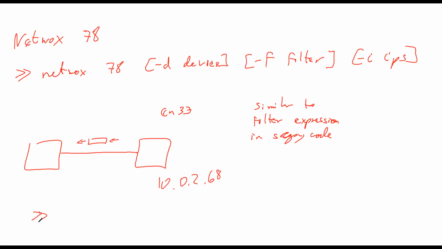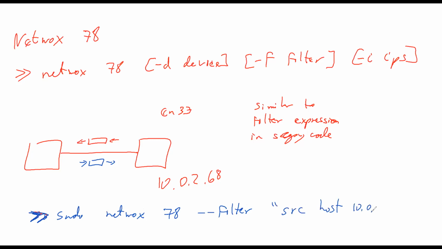Then your command to spoof it back, and I'm going to write this in blue to indicate that this is for that packet, would be sudo netwox 78, and then the filter, which in this case would be src host 10.0.2.68.